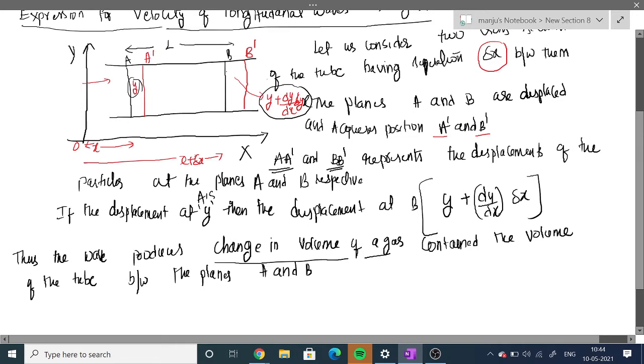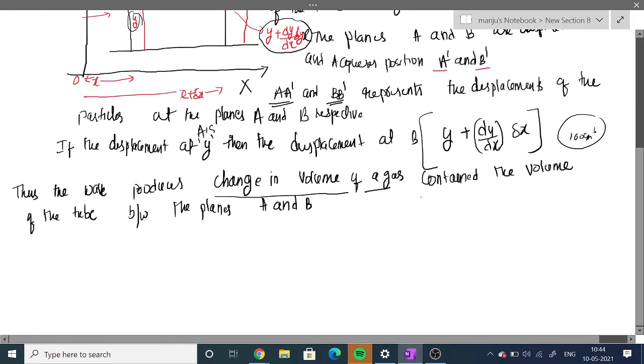Suppose the initial volume is 100 centimeter cube. Now when sound is produced, this volume changes. So what is that change in volume? We have to find it out.